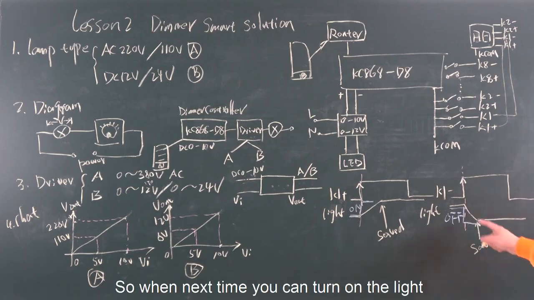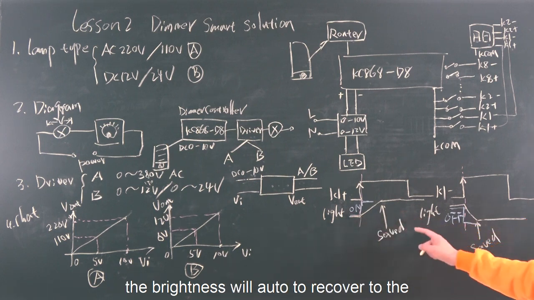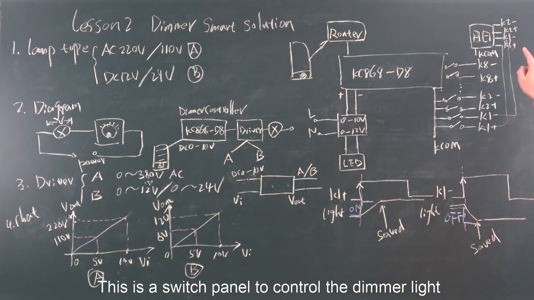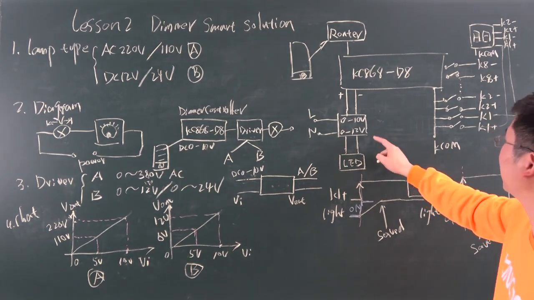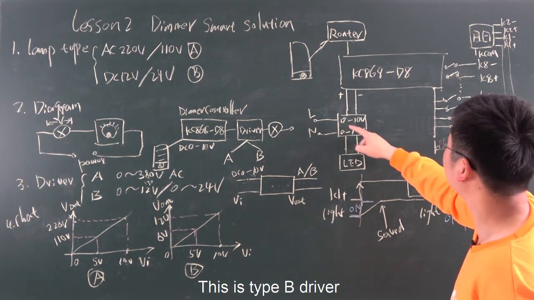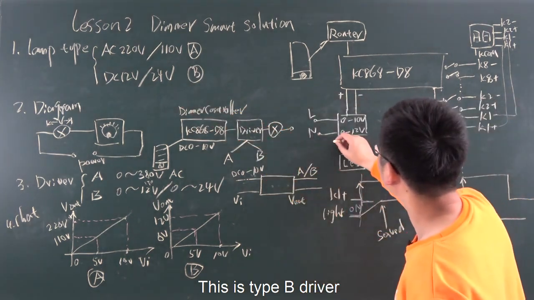So next time you turn on the light, the brightness will recover to the last saved level. Okay, this is the switch panel to control the dimmer light and change the brightness. This is the type B driver.